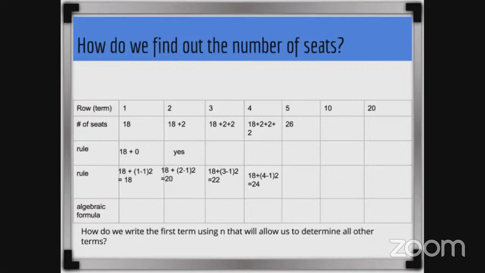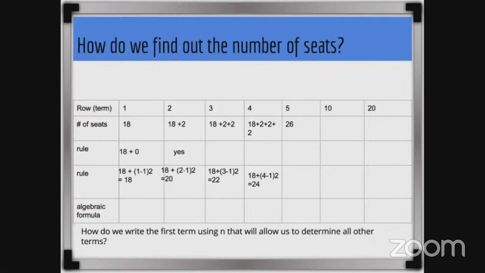The difference between 26 and 18 is what? 8, Miss. How many sets of 2 can I get from 8? 4, Miss. 4. So I realize if I pay attention to the number of rows, but I subtract 1 from it, I can get the number of 2s that I should add to the 18. So I just wanted to make sure.